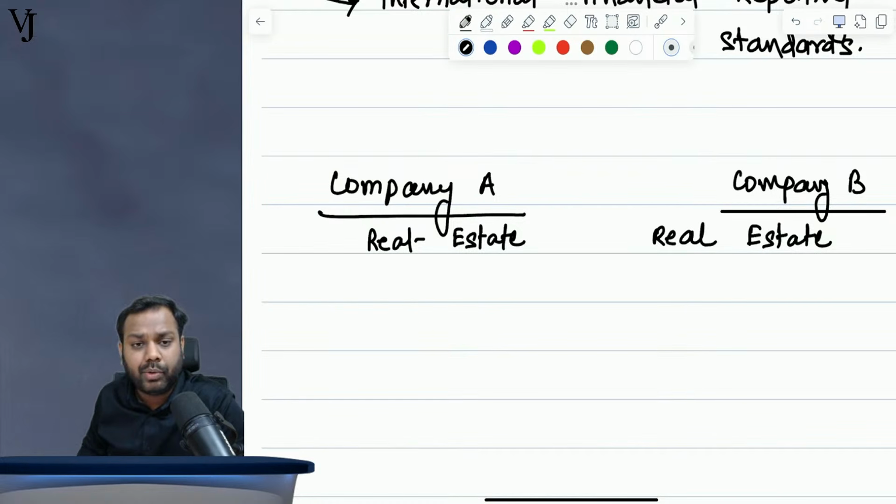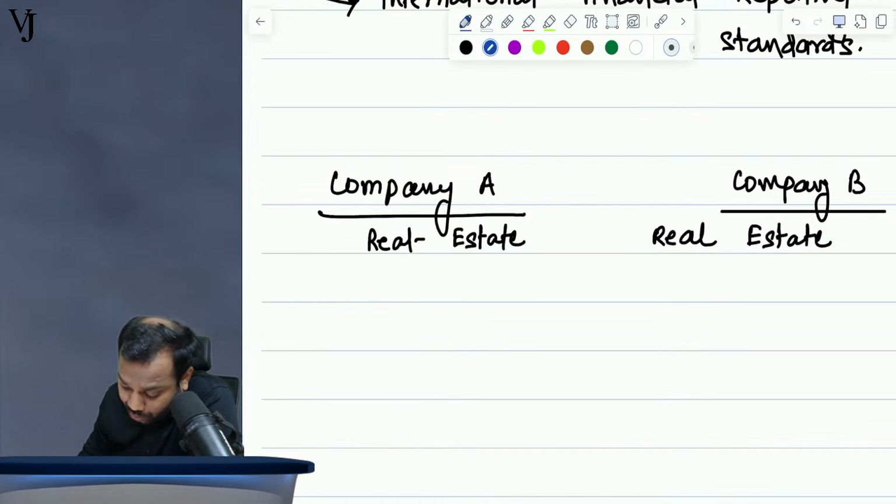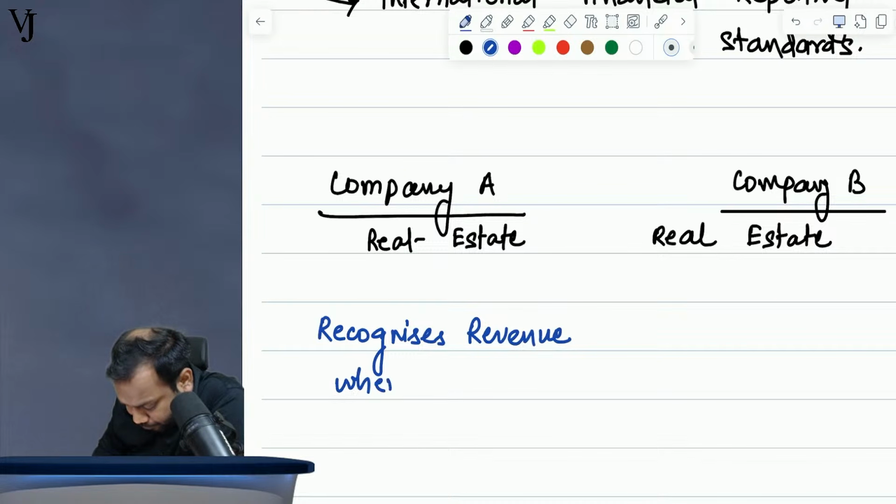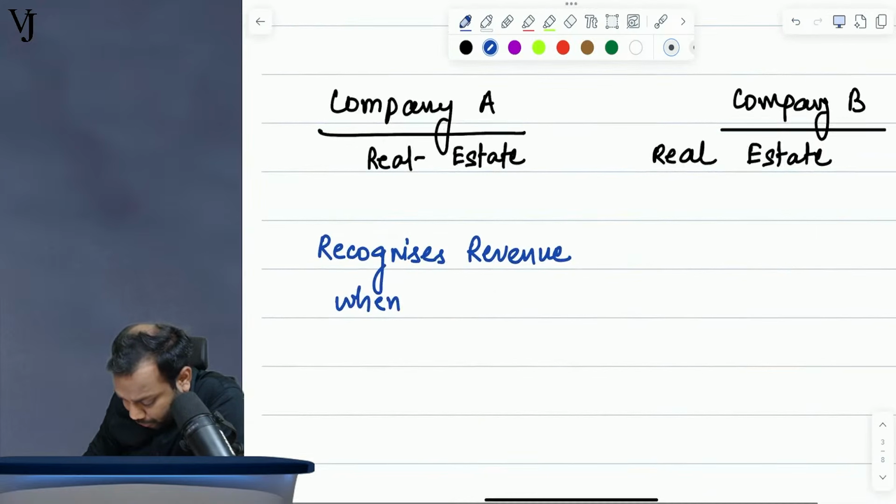Both the companies are into real estate. But what happens? Company A recognizes revenue when a flat is sold.